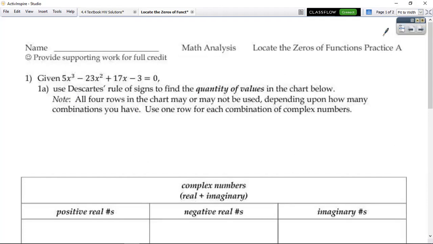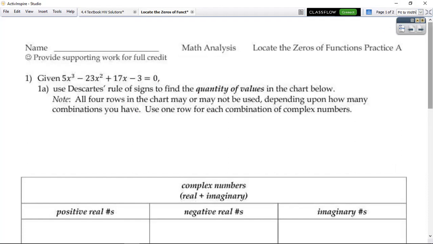And we're going to just briefly talk about Descartes' rule of signs, which is just simply another tool to help you determine which of those possible rational roots are actually going to work in the instance that you lost your calculator and had to do the synthetic. Okay.